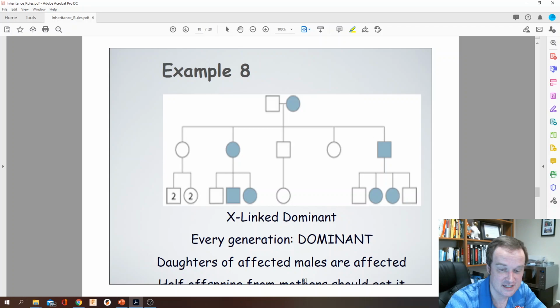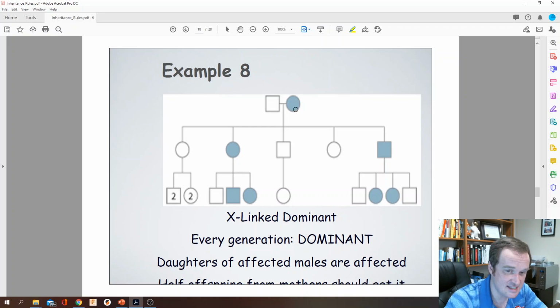This one's a little bit tricky in that we have a male that has it, and his daughters always have it, right? Because they always get an X chromosome from the father.